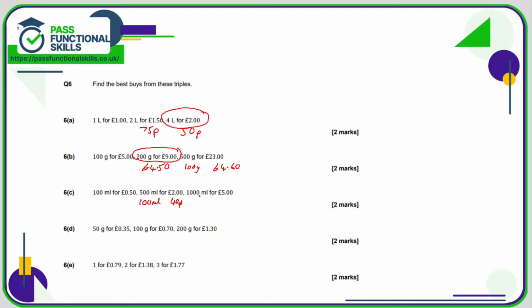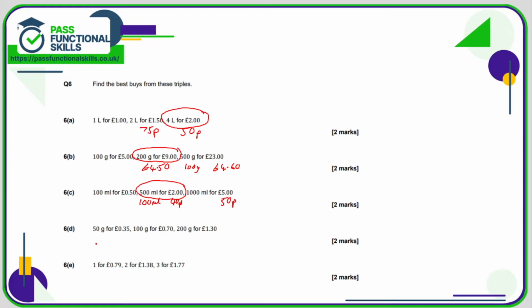And 1,000 millilitres is 10 times more than 100 millilitres, so we're going to divide this price by 10, so that works out at 50 pence per 100 millilitres. So we can clearly see it's the 500 millilitres for £2 that is the best value here.